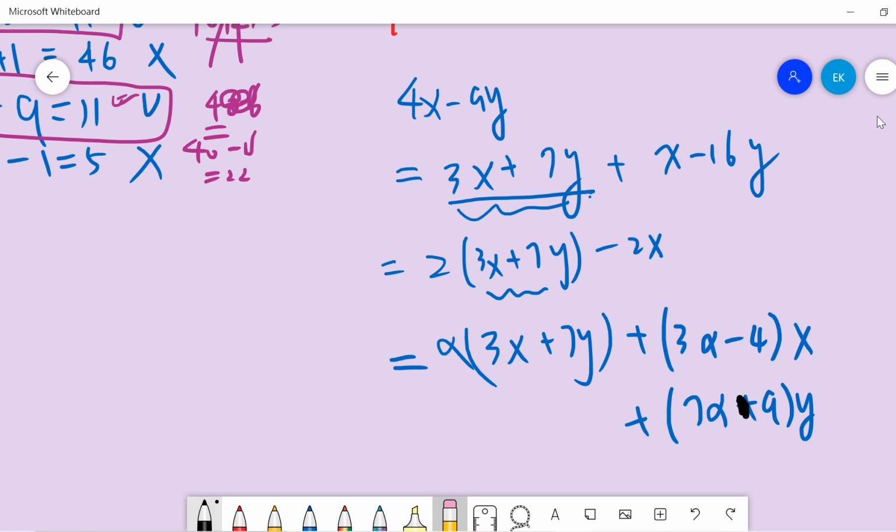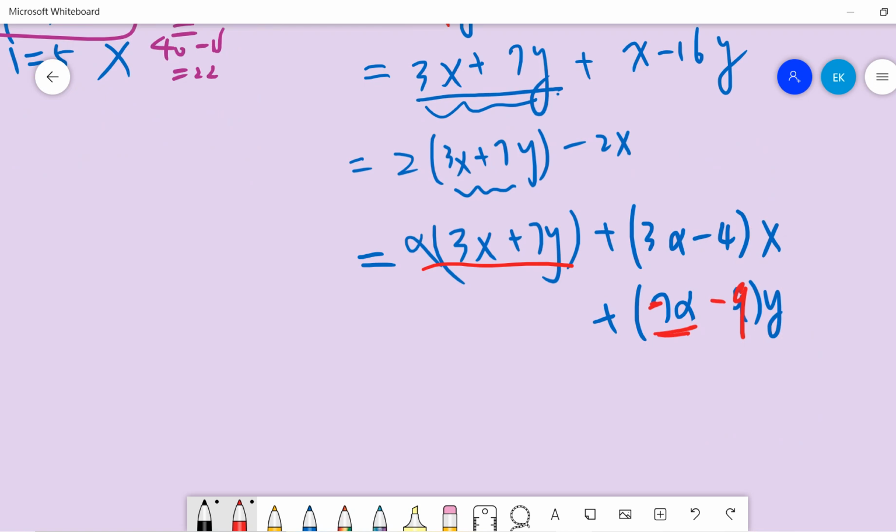So this is minus 7 alpha, y, and this is minus 9 alpha. Okay.